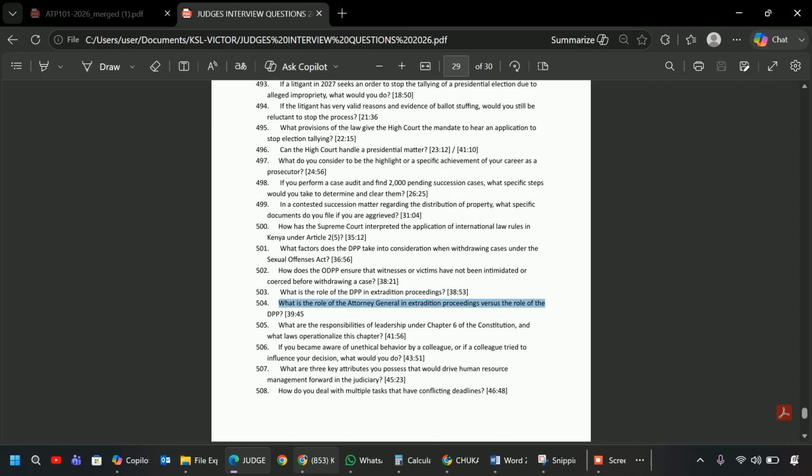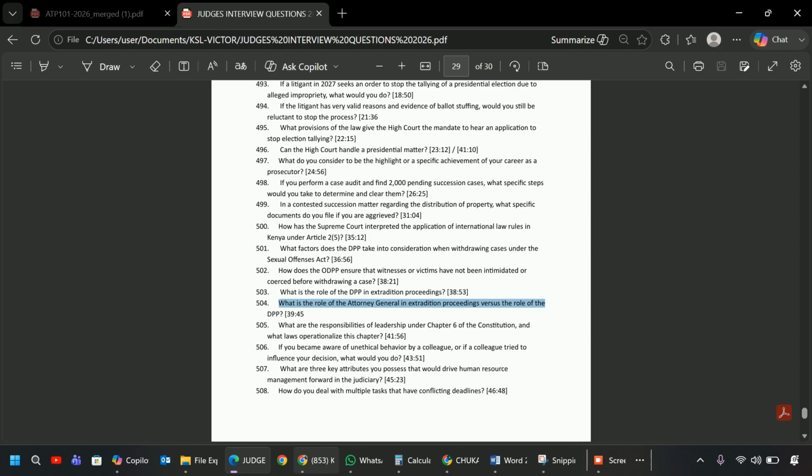I mean by this that the issue is the authority to proceed. So that is a clear distinction between the two. The AG is merely diplomatic to receive and transmit requests, while the DPP is prosecutorial. It is the issuing authority to proceed and conduct the committal and extradition proceedings.